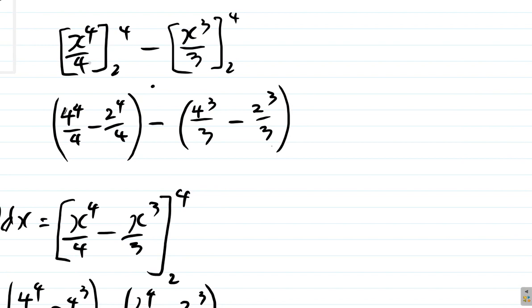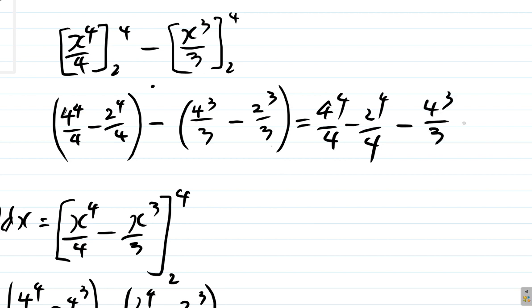Let's open the brackets to compare to what we had before. 4 to the 4 over 4 minus 2 to the 4 over 4. So this is what we did a while ago. Minus, open the brackets now, is going to be a negative 4 to the 3 over 3, and then a plus 2 to the 3 over 3. Right?